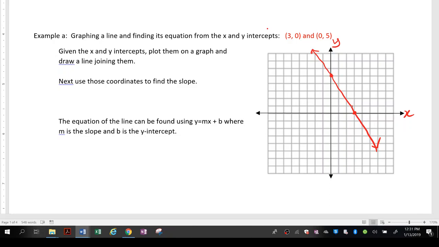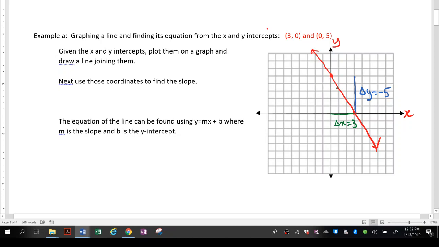So here our change in x is 3 units. Our change in y, now we're going down, is -5. Our slope here is negative. We're going down, or we're falling.